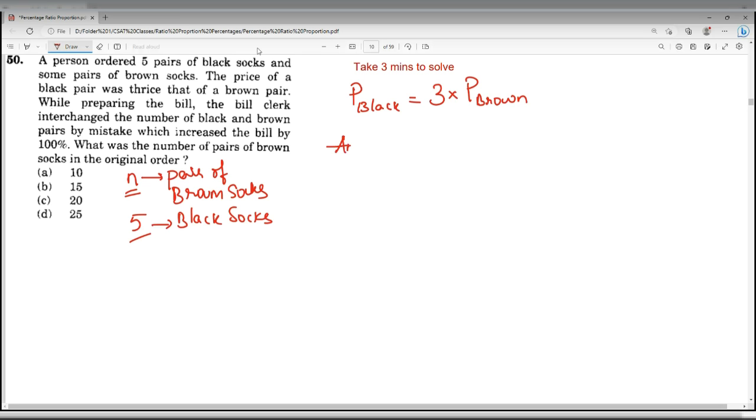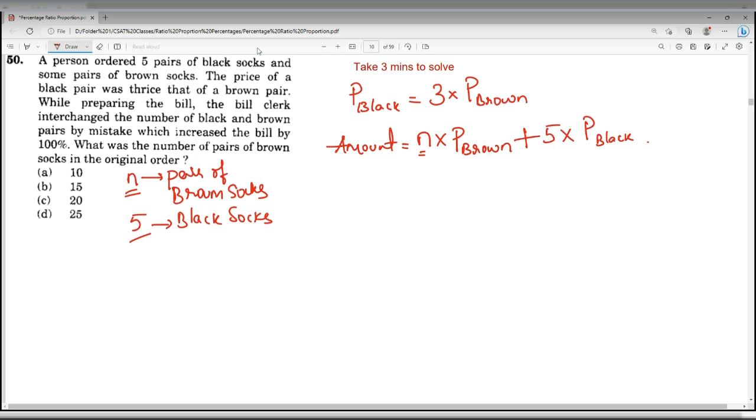The original bill was: we had n pairs of brown socks, and the price for each pair was P of brown, so P of brown into n, plus 5 pairs of black socks times P of black.